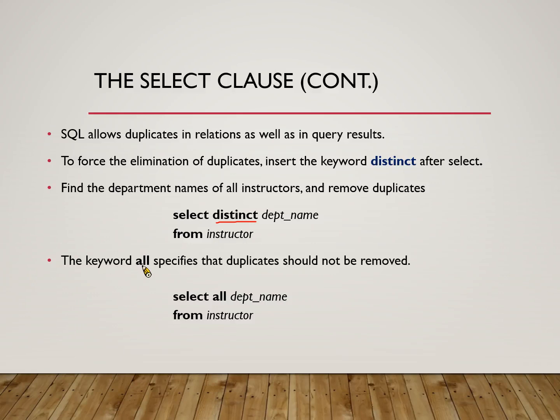The keyword all specifies that duplicates should not be removed. So if we indicate all, it means the duplicate records have to be listed in the result.